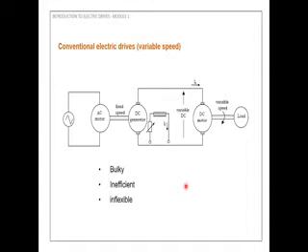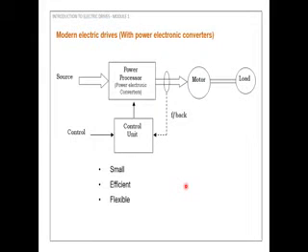This is the basic block diagram of a modern drive system, which consists of a source, normally available in the form of AC or DC. Then the main block is the power processor or power electronic converter.